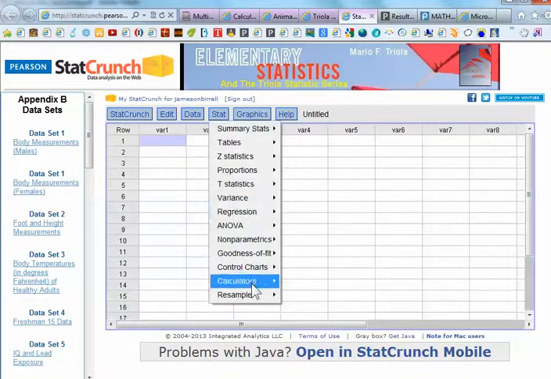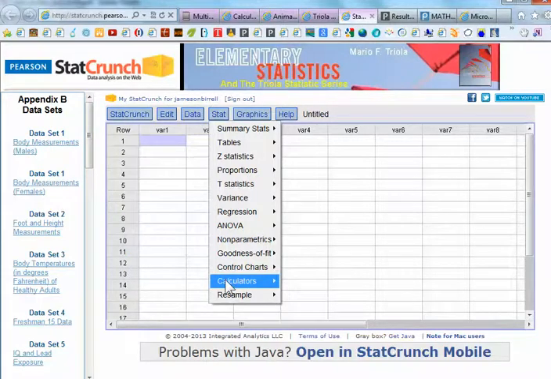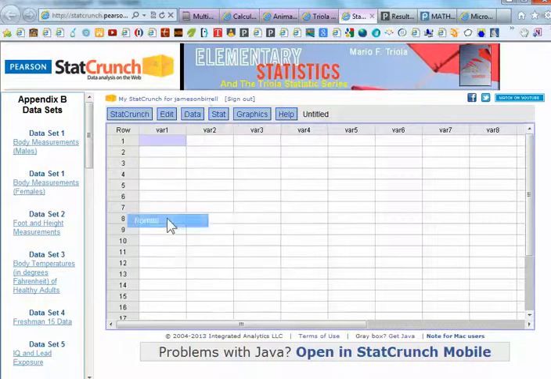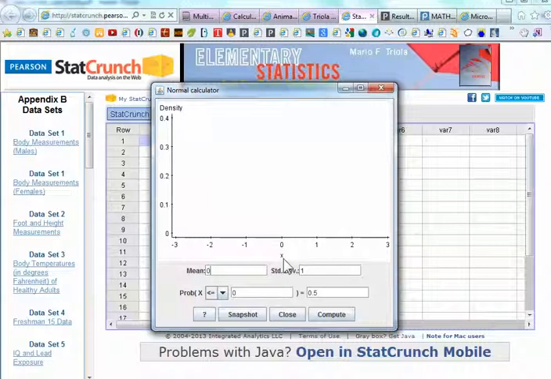I actually just wanted to show you what's directly related to what you'd asked. So if I go down to calculators, under stat, I can go to the normal distribution and put in my mean and standard deviation. I'm going to leave those the same, 0 and 1, because even though the label here says x, that is still the standard normal distribution.